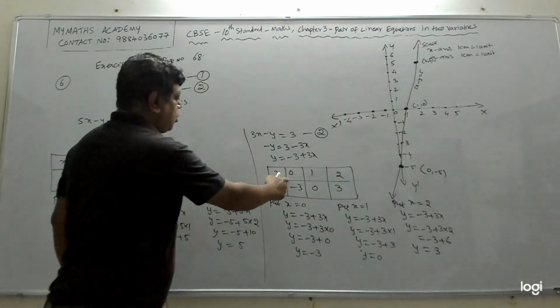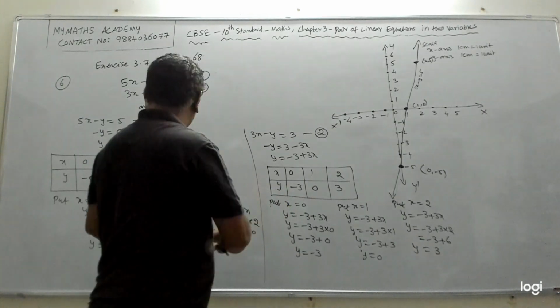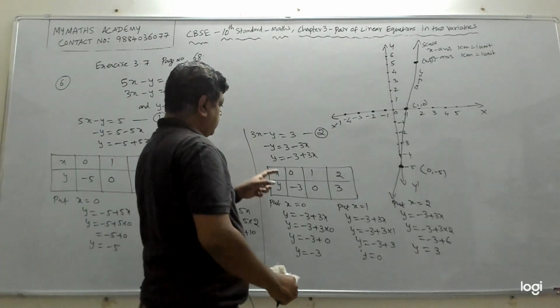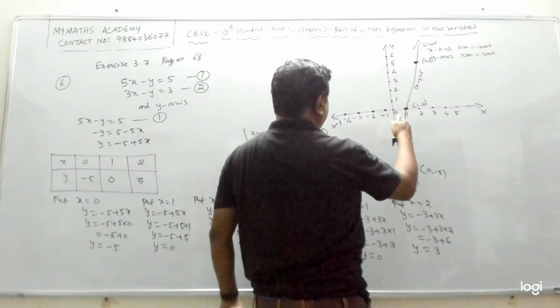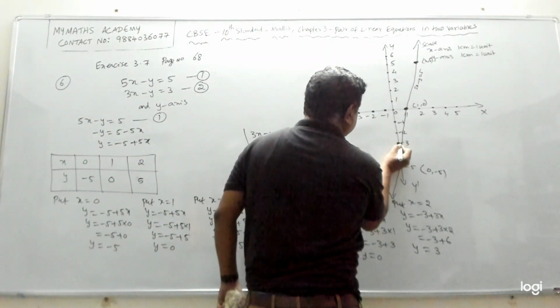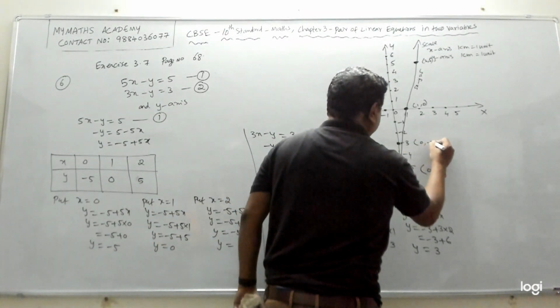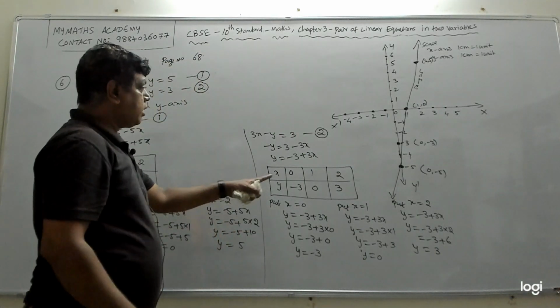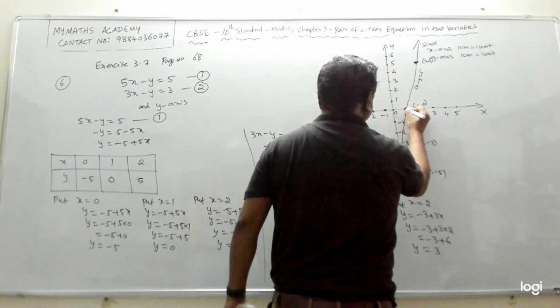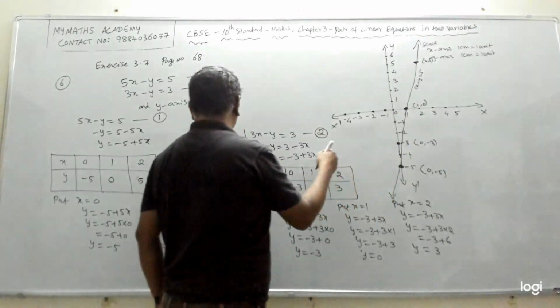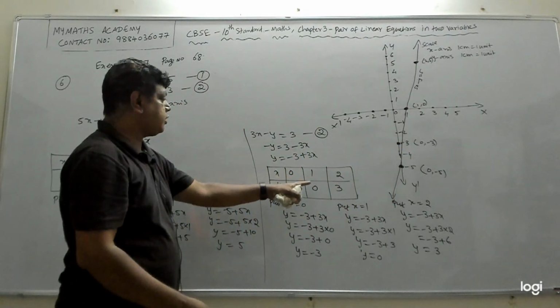Now let's draw the graph for this. For this we have drawn the graph, which is that straight line. For this we have to draw the graph. 0 comma minus 3. 0 comma minus 3 is here. Right? So this point is 0 comma minus 3. Then 1 comma 0. Again this point, 1 comma 0. So again the same point which we had plotted for this, 1 comma 0, is present in both.